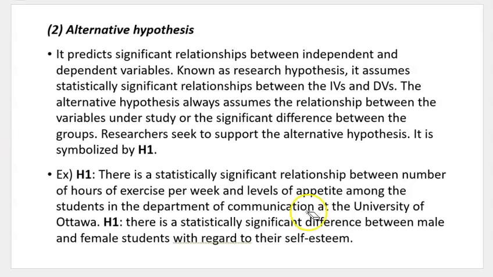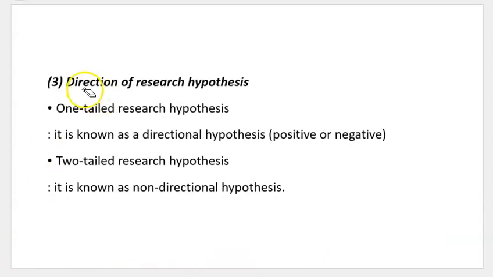Here, for instance, there is a statistically significant difference, not like that. You will say that male students have higher self-esteem and female students have lower self-esteem. This is the case about the direction: which one has more or less, and that is one-tailed. According to this, you have to reject or accept your null hypothesis.